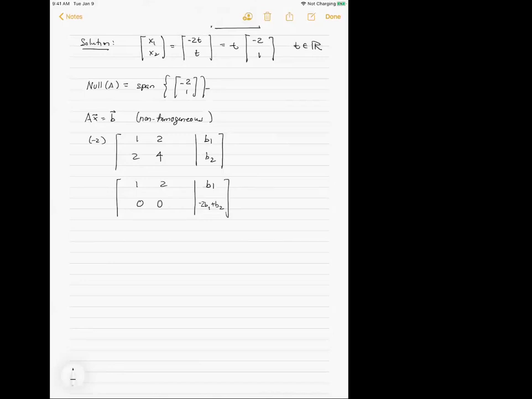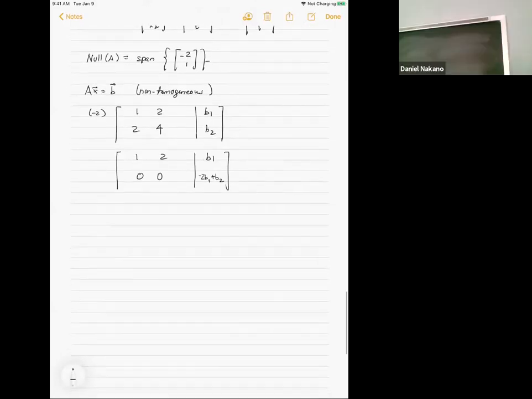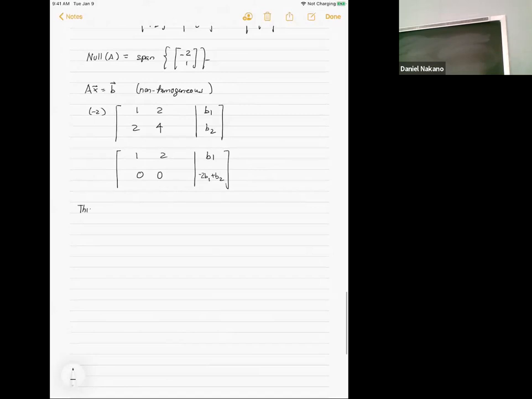When the equation 0 equals -2b1 plus b2 is true. So this is consistent if and only if -2b1 plus b2 is equal to 0.